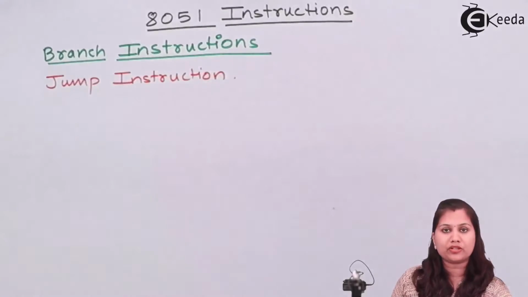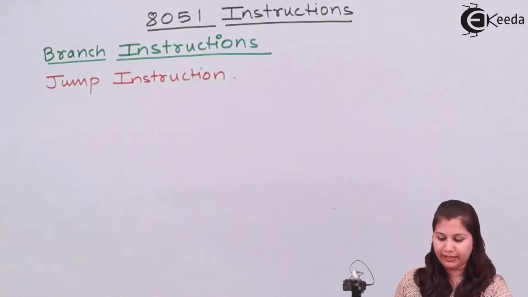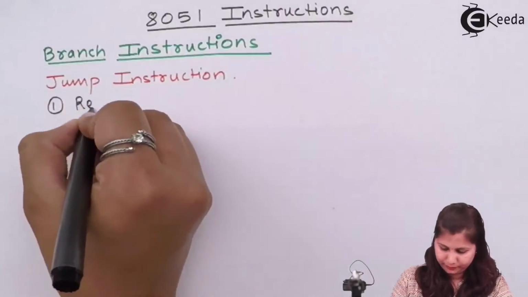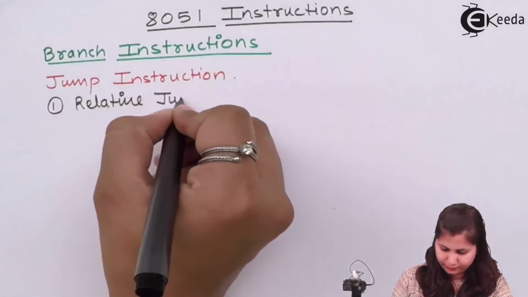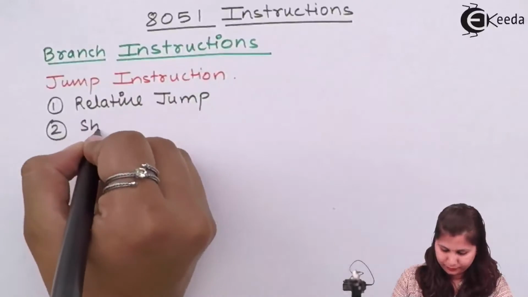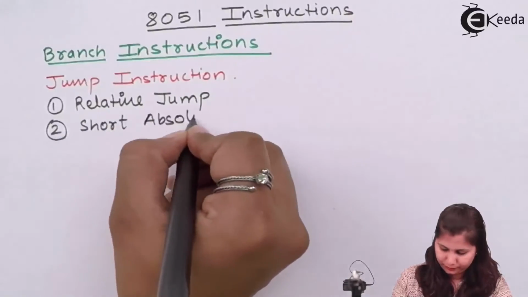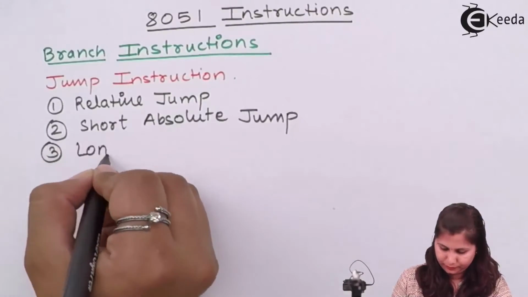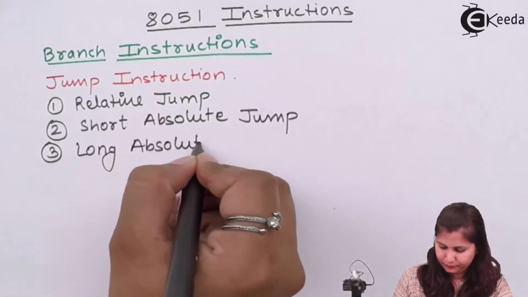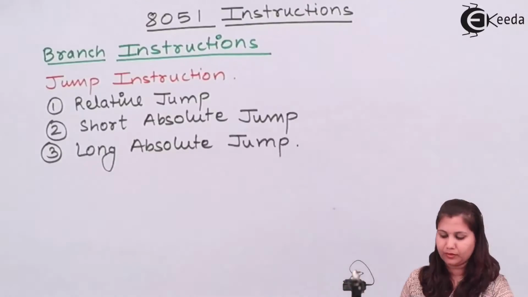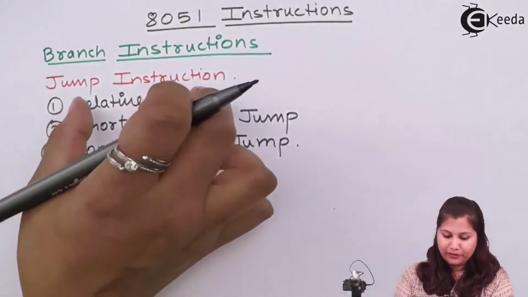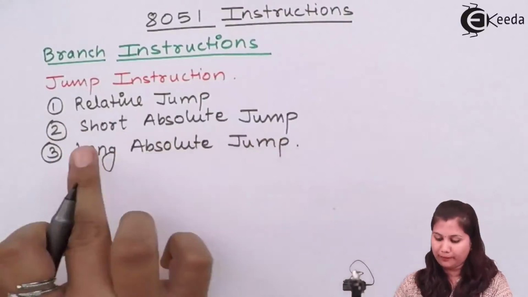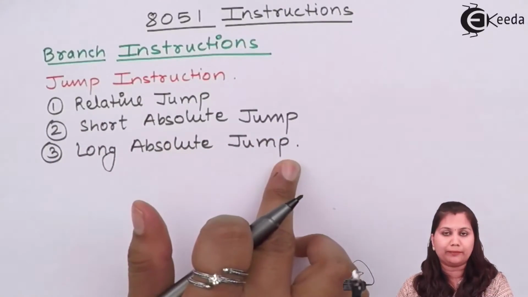Now this jump instruction can be of three types: relative jump, short absolute jump and long absolute jump.